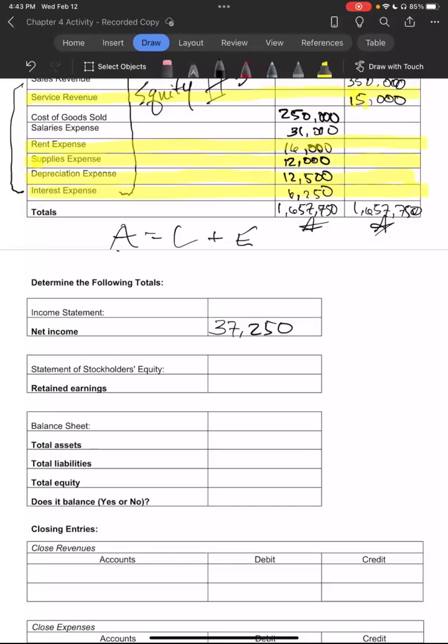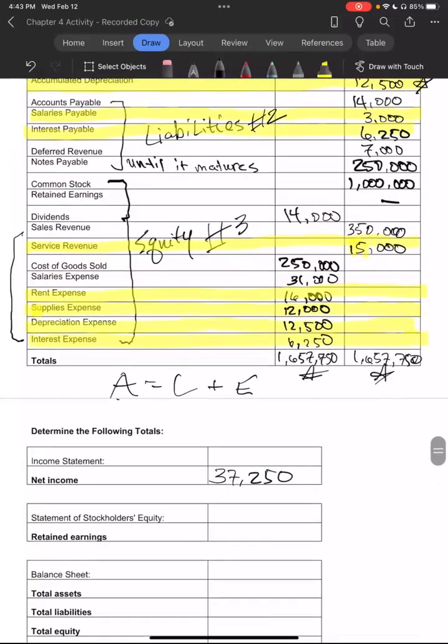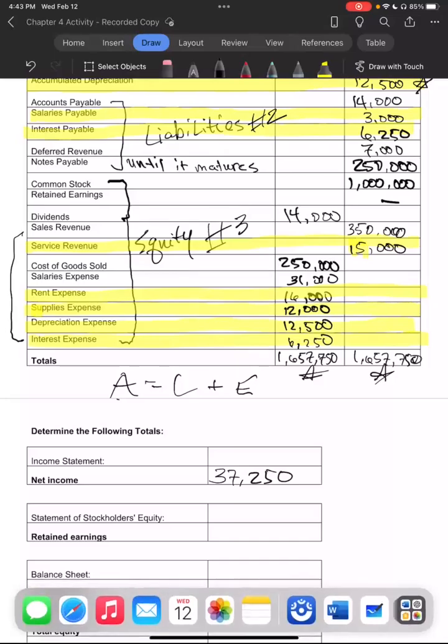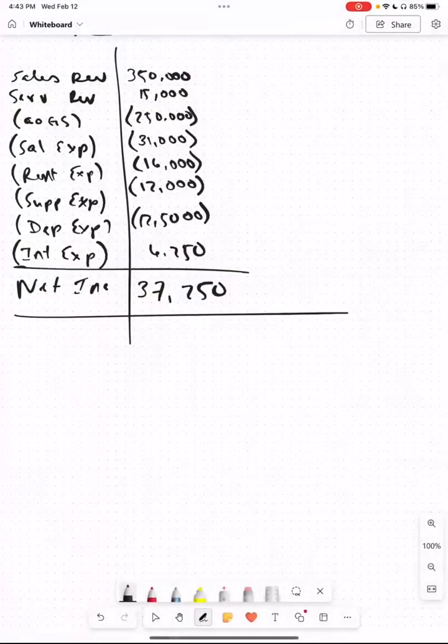Now we'll move on to our statement of equity. Okay. And what we will have is we'll have to calculate a couple of things, but they're pretty simple for us to calculate, right? So what we're going to have is we're going to go from our net income of 37,000 less our dividends, and that's going to equal our retained earnings, right?